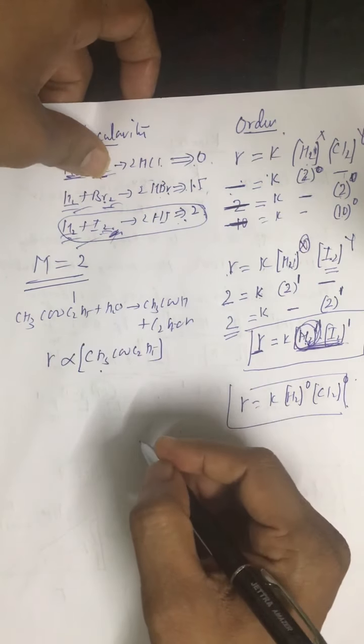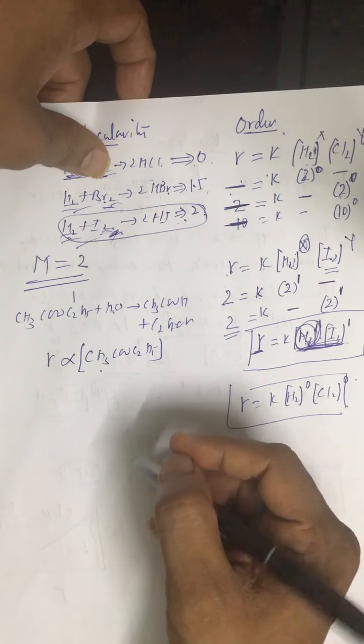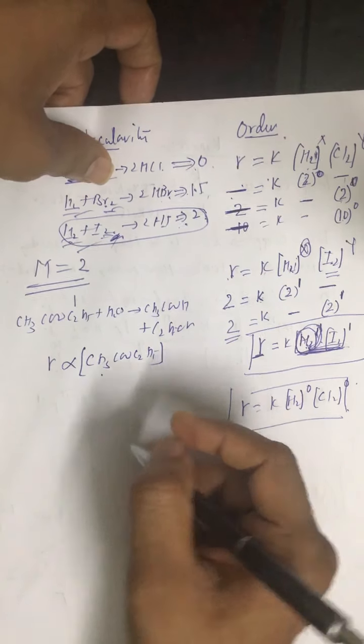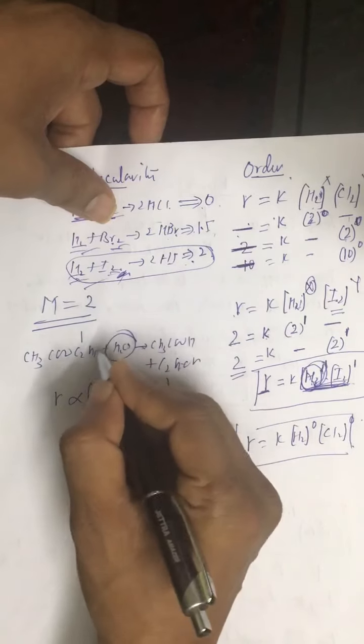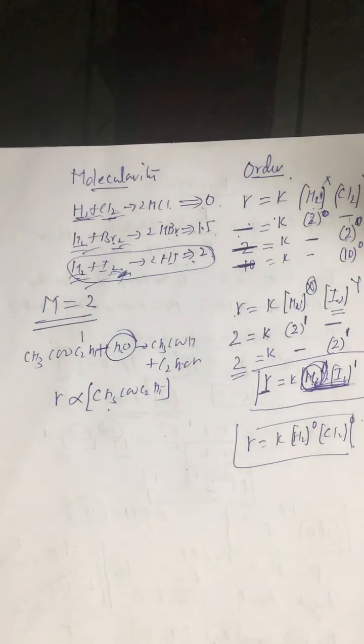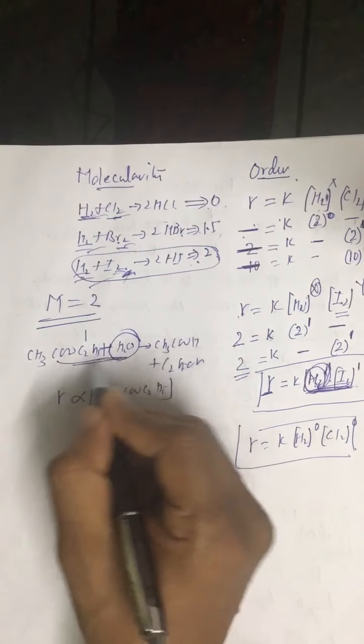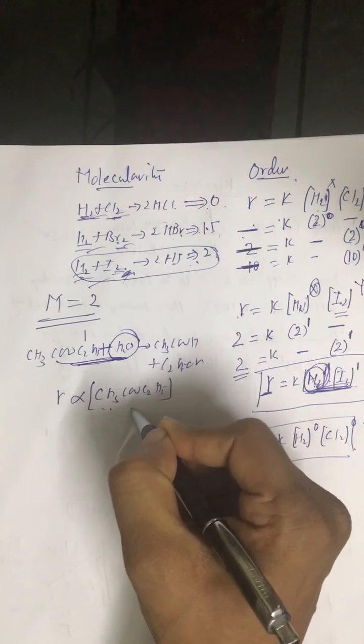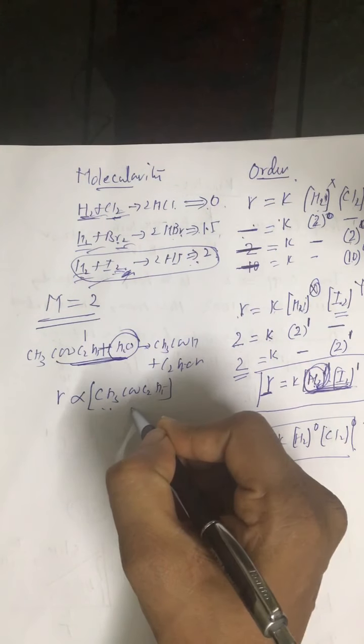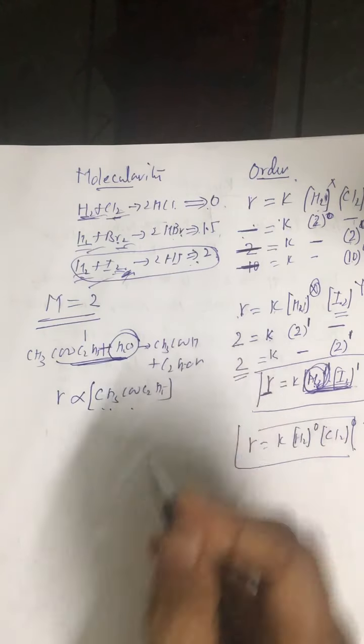H2O does not appear in the rate law because normally H2O is in excess in hydrolysis reactions. So the molecularity of this reaction is 2, but the order of reaction is 1. Such reactions are called pseudo unimolecular reactions.